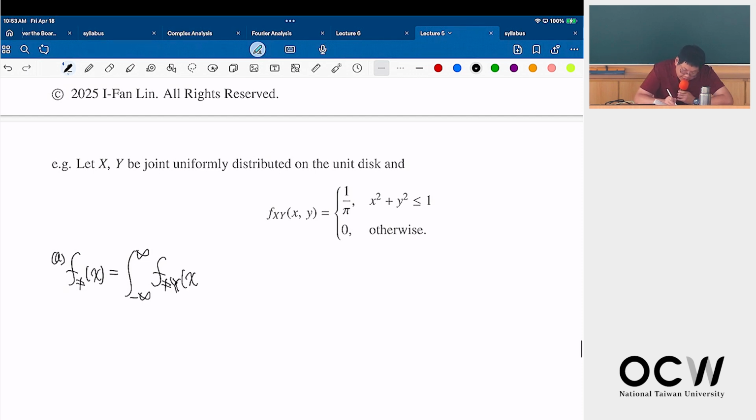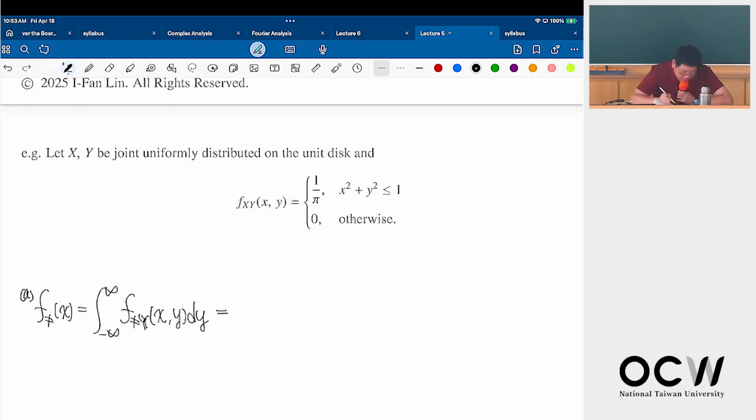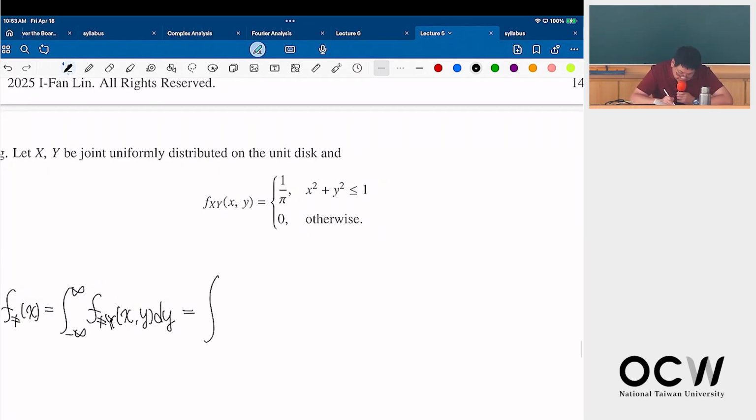Because I need x, I don't need y, so I integrate the y out. We have an integration from minus square root of 1 minus x squared to square root of 1 minus x squared. That's for y.